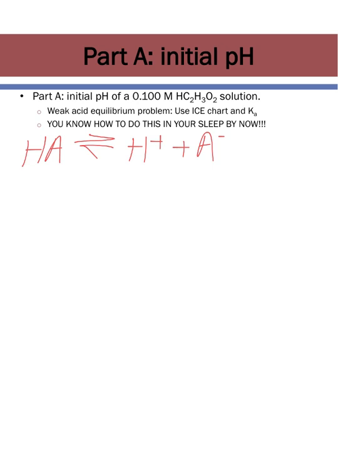All right, so we know we're starting with 0.1 molar. We would have none and none. We're going to lose x, gain x, gain x. So therefore, at equilibrium, we will have 0.1 minus x, x, and x.